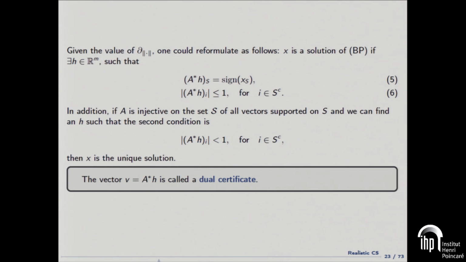Carlos Fernandez-Granda talked to you about this in the case of super resolution. This is the same problem, and people call V the quantity equal to A star H.